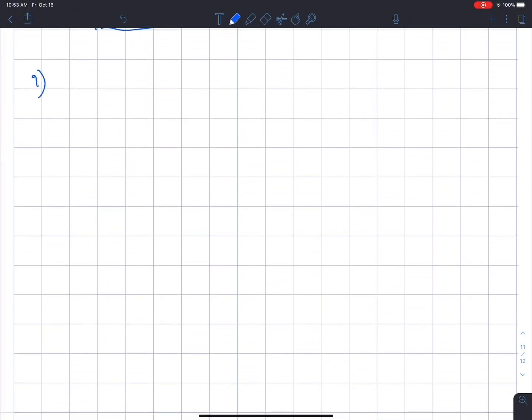Question 9. A fitness circuit is 1 over 4 km long. How many times must a person repeat the circuit to travel 5 over 6 km? So same idea, if you were to change it into some easy numbers, you will be able to see that you're dividing.